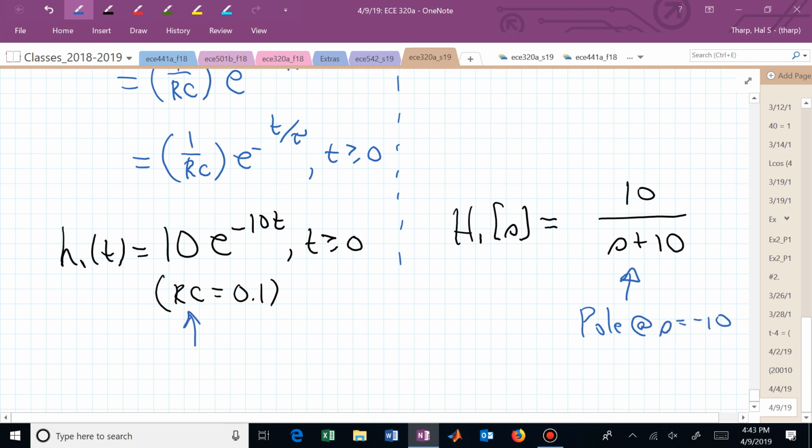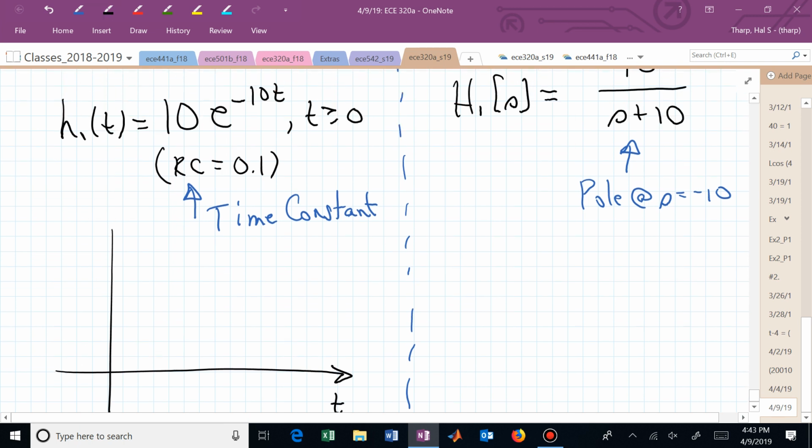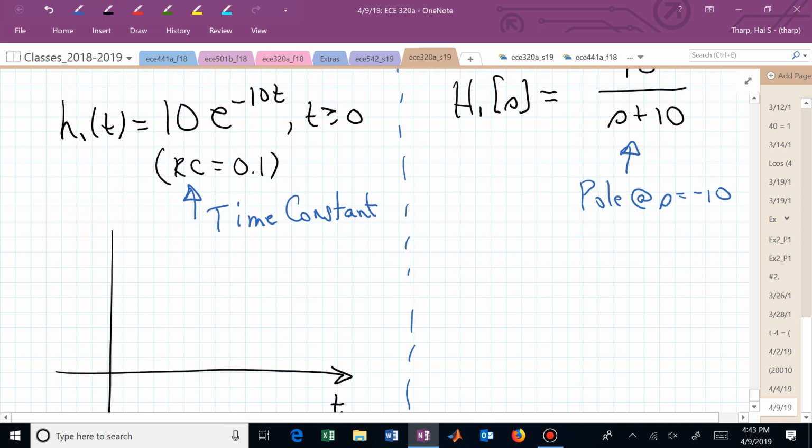This is now our time constant in our system. What's that look like? If I ask you to sketch that impulse response, can you? It's not too hard to sketch, is it? Where do you begin?